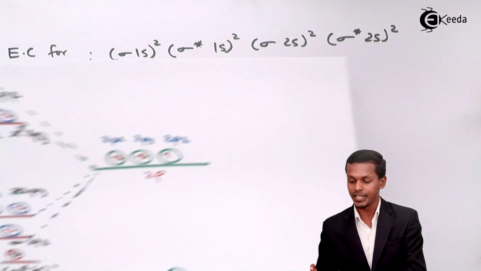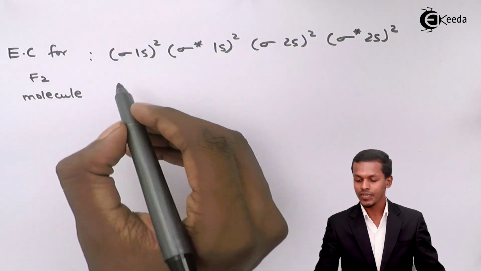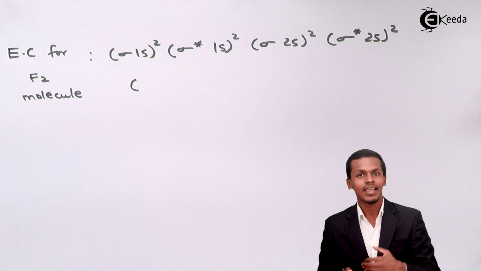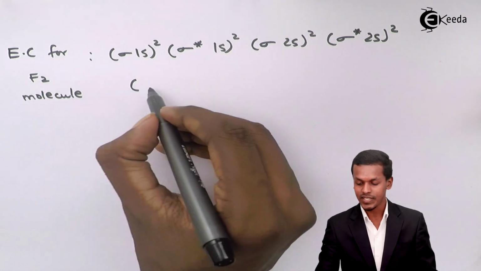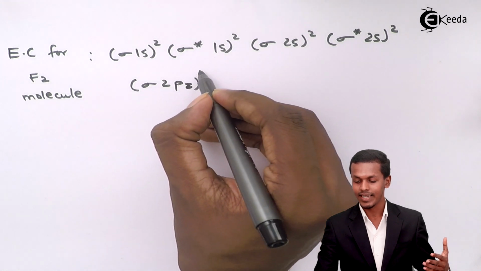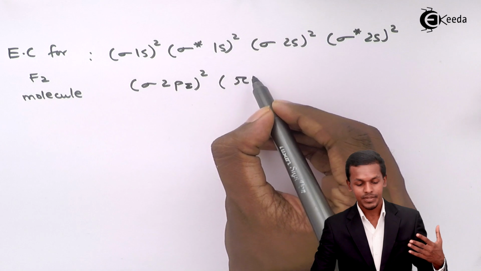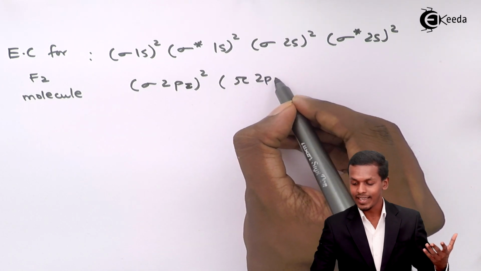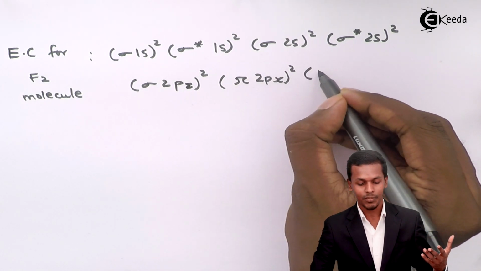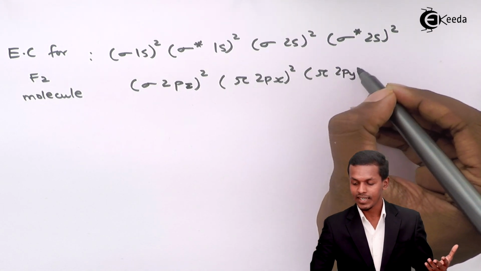So this is what I am representing over here, and the rest is what we have to represent. The next energy level, or the next part of the electronic configuration, is sigma 2pz, which consists of 2 electrons, and later pi 2px, which consists of 2 electrons, and again pi 2py, which consists of 2 electrons.